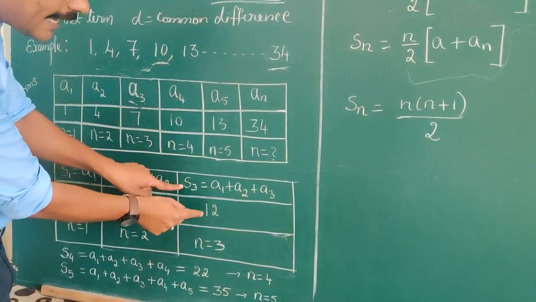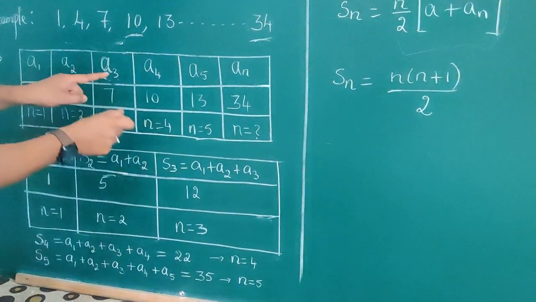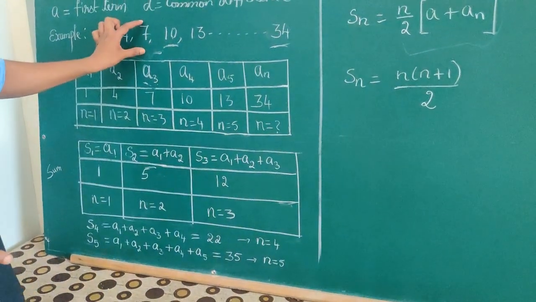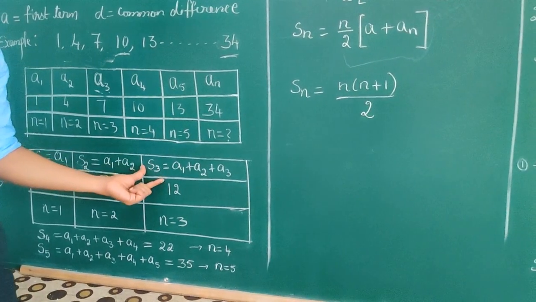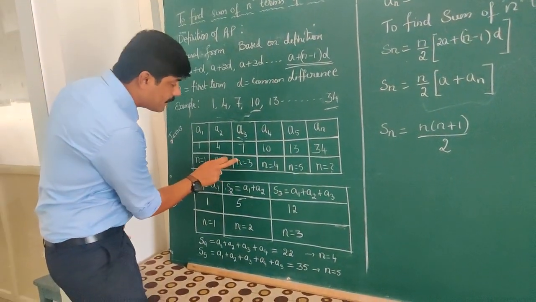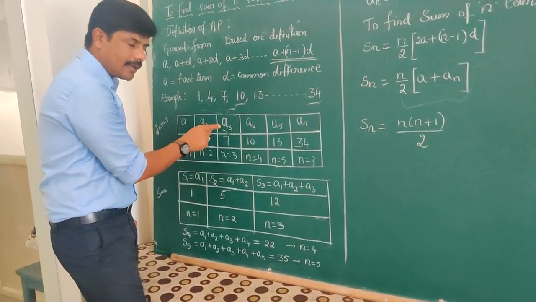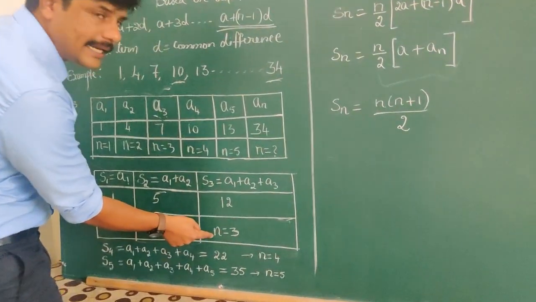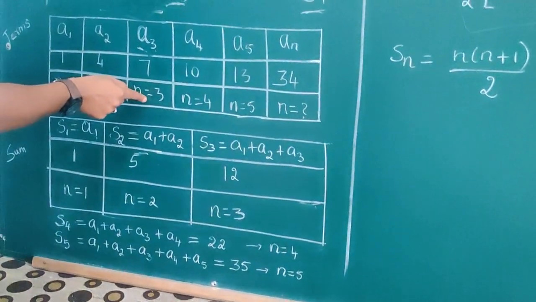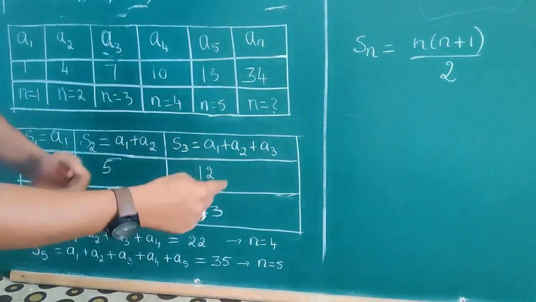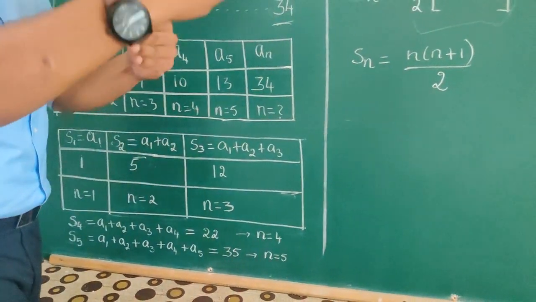So S3 is 12, but A3 is 7. A3 shows the term present in the third place, but S3 shows the addition of three terms. In both, n equals 3, but here 7 is present in the third place, and here you are adding three numbers.